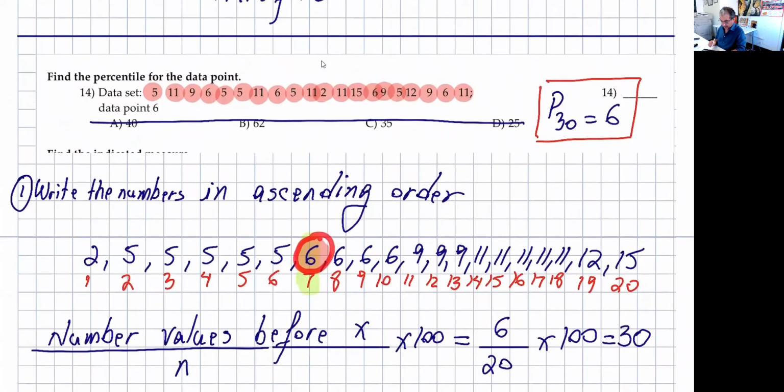The formula is the number of values before x, which is before 6, over n times 100. Here we have 6 numbers, 1, 2, 3, 4, 5, 6. Do not include 6. So the number of values before that is 6 over 20 times 100, and you get 30. So cross out all the answers. The answer for this problem is P30 equals 6.